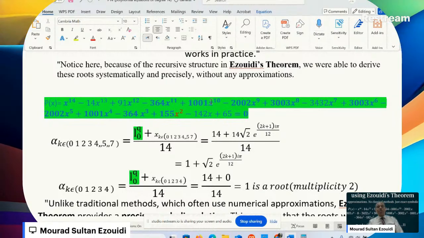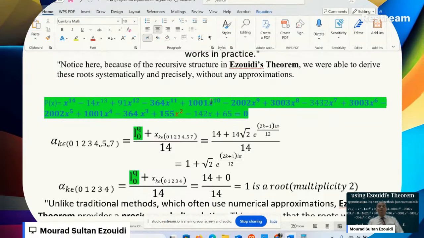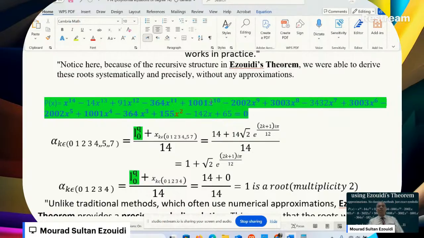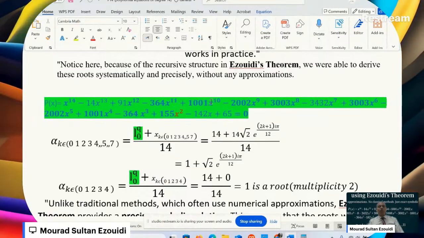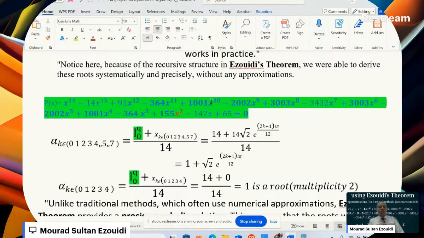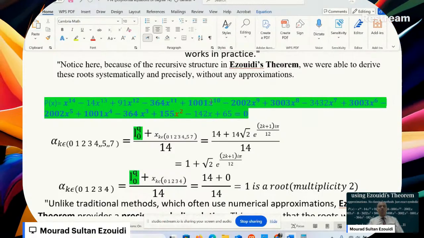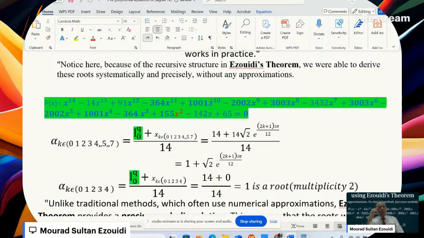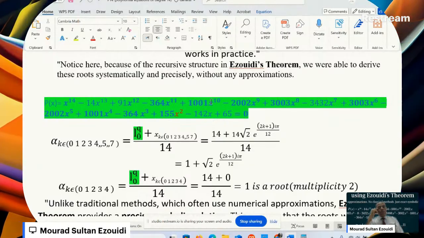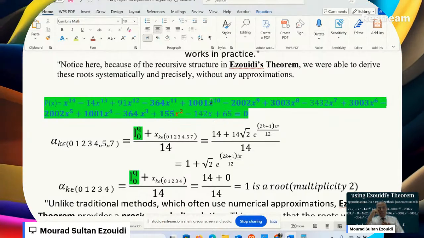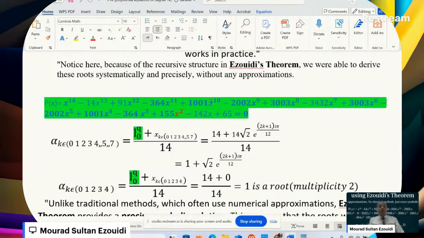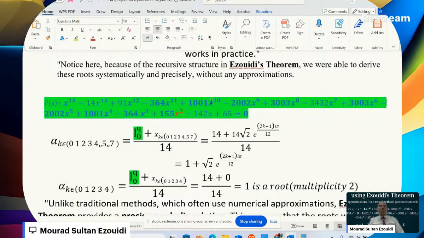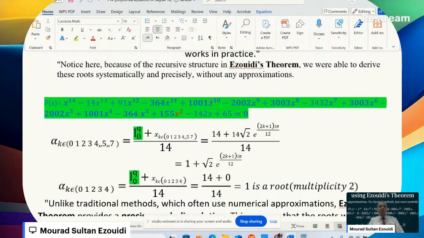And we said that x squared equals 0 means x equals 0 is a root of multiplicity 2. And x raised to the power 12 is equal to negative 14th root of 2, all to the power 12, multiplied by exponential (2k plus 1) i pi. These are the x roots of the new 14th degree equation.